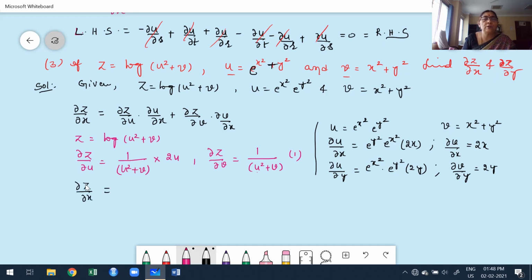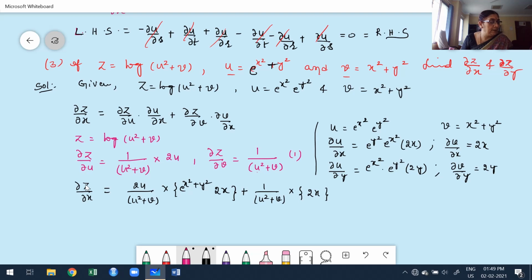It's dou z by dou u, which is 2u divided by (u square plus v), into dou u by dou x, which is e power of x square plus y square when combined, into 2x, plus dou z by dou v, which is 1 by (u square plus v), into dou v by dou x, which is 2x.